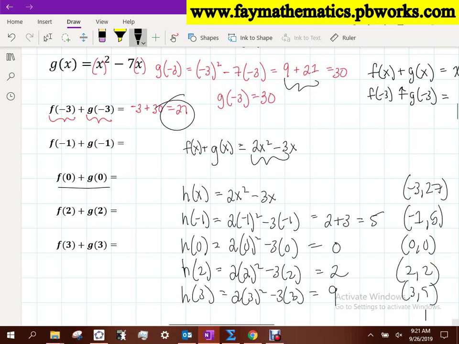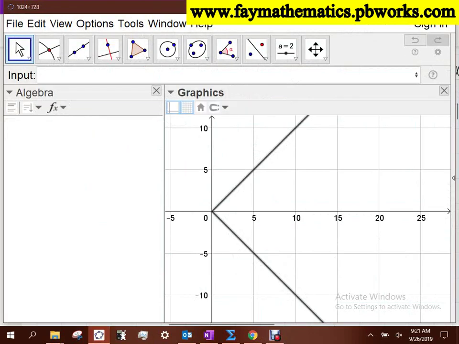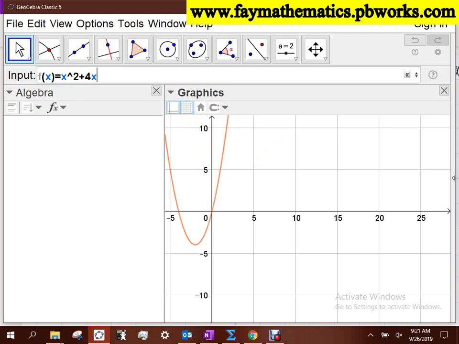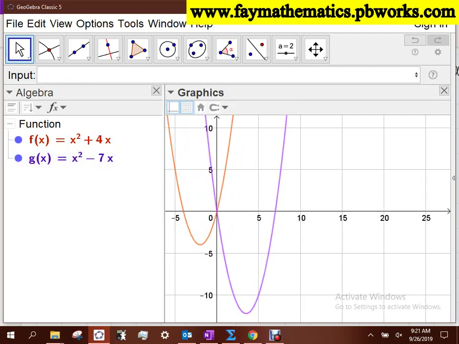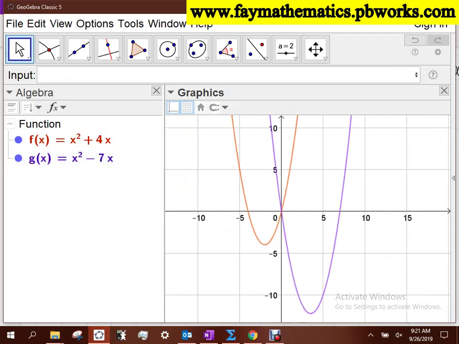Okay? So if I take f of x, which we said was x squared plus 4x, and we go g of x, which was x squared minus 7x, okay? Those are the two graphs we're talking about, right? Okay?